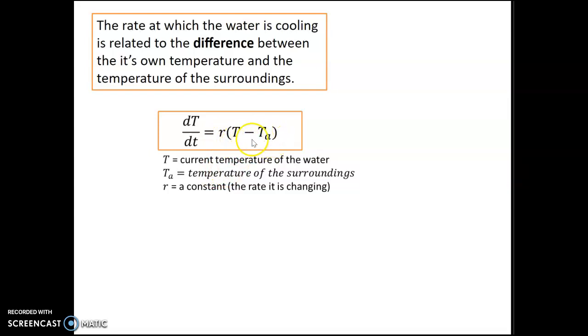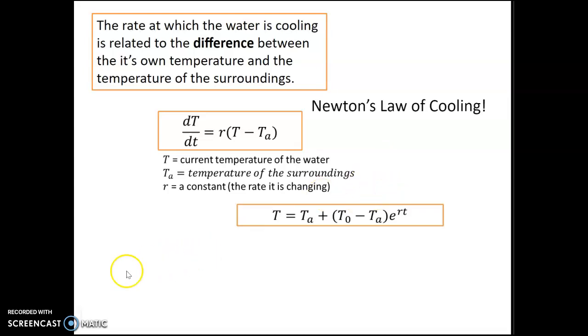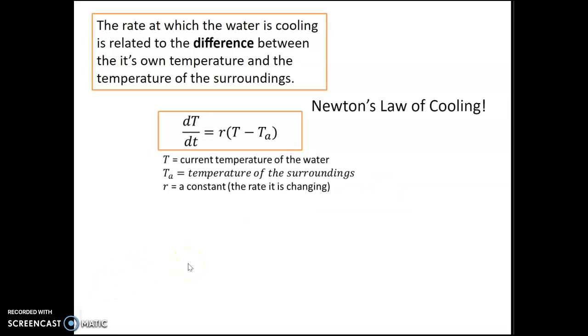So it depends on how hot the thing actually is and how hot the surroundings are. Okay, cool. So that's our differential equation. This is called Newton's law of cooling. Okay, fantastic. And when we solve this differential equation, it ends up looking like this.